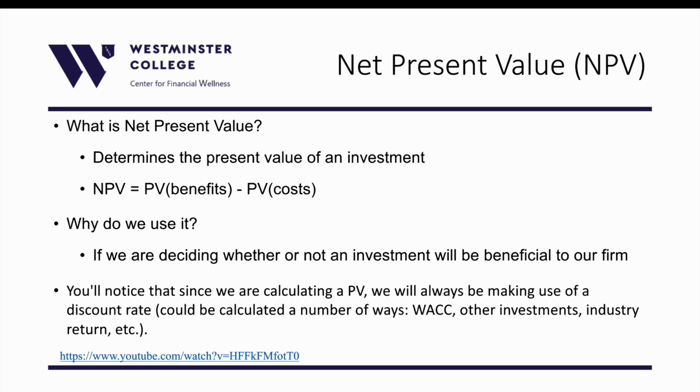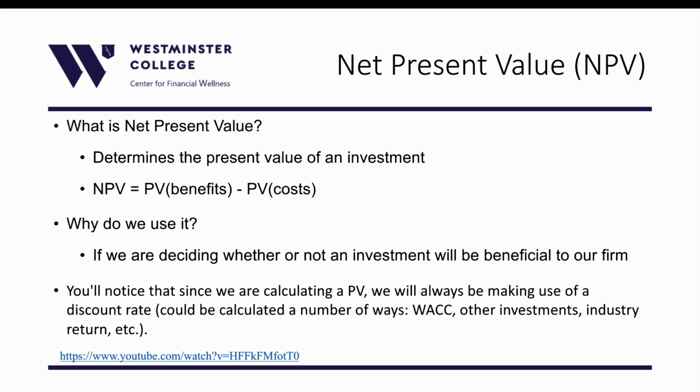Now, I just wanted to comment on this really quickly because this discount rate could be calculated a number of ways, and in the examples and the questions that you'll deal with in this class, you will likely just be given those discount rates. But they can be calculated using the WACC, which is our cost of capital, or looking at other investments. So if it costs us generally a certain amount to do other investments, then we'll use that as our discount rate.